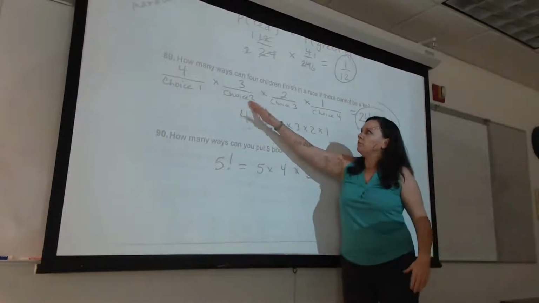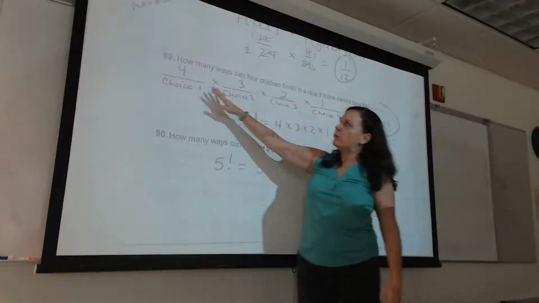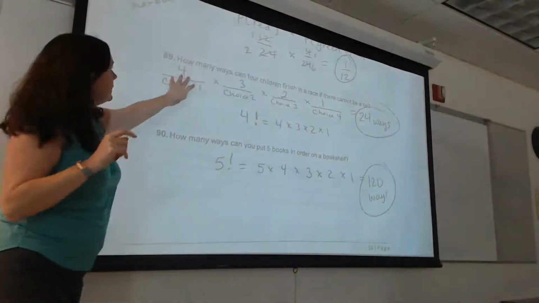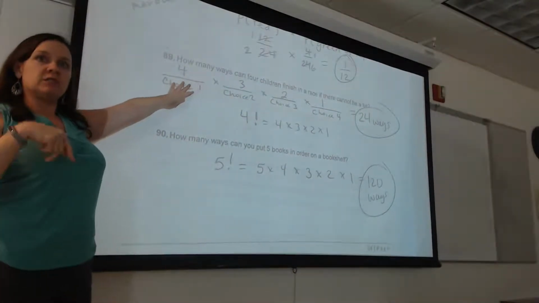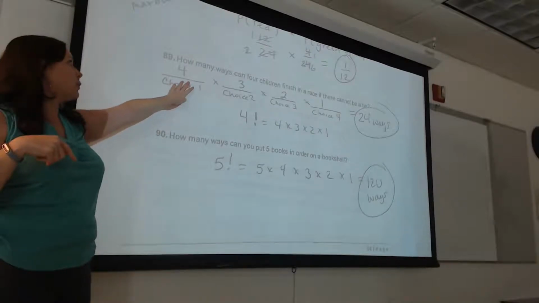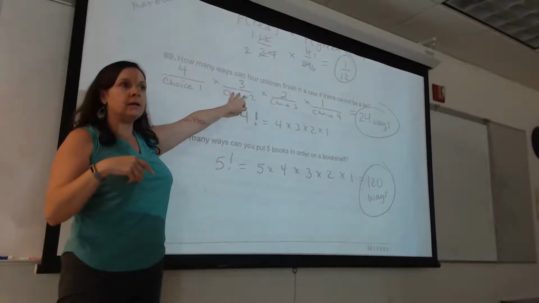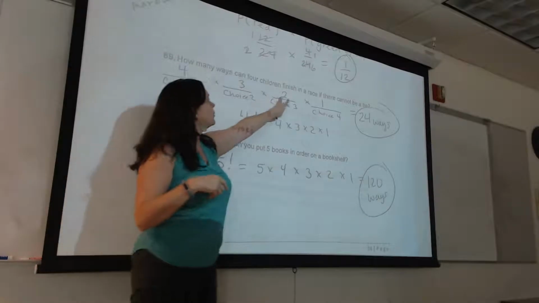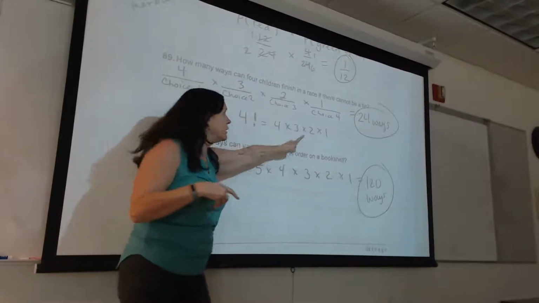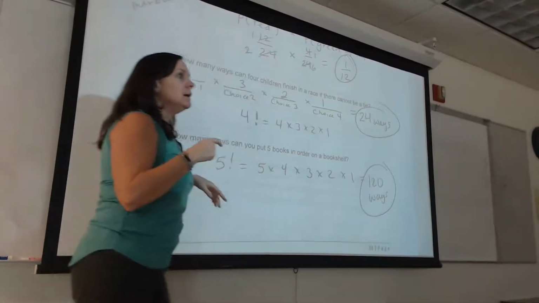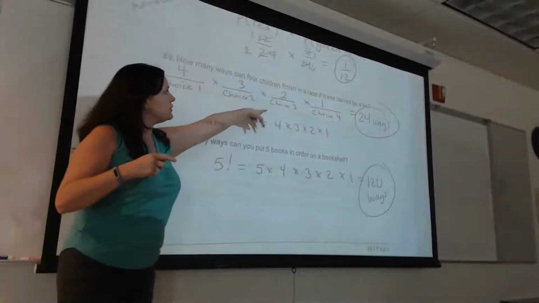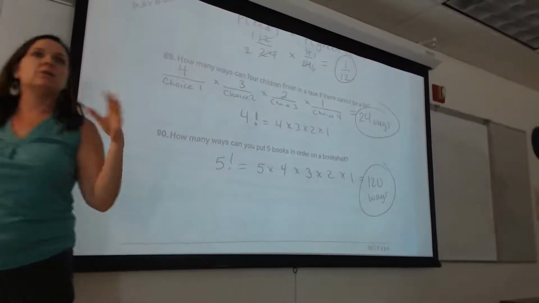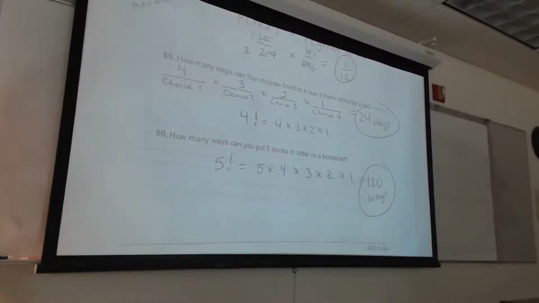So there are 4 choices for first place. But once someone finishes first, they're not in the race anymore, so now there's only 3 people. Once someone finishes second, now there's only 2 people. And that means there's only 1 person left for the last place. So there's 4 times 3 times 2 times 1, 24 different ways a race could end with 4 people.